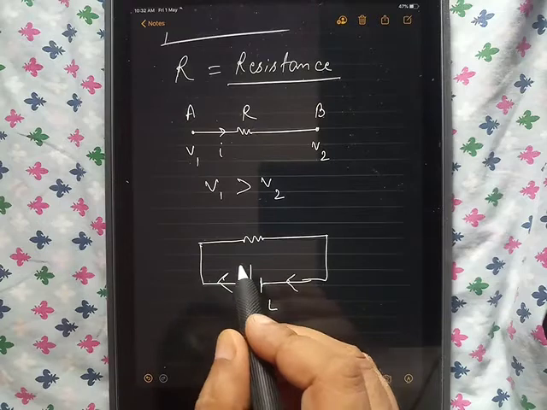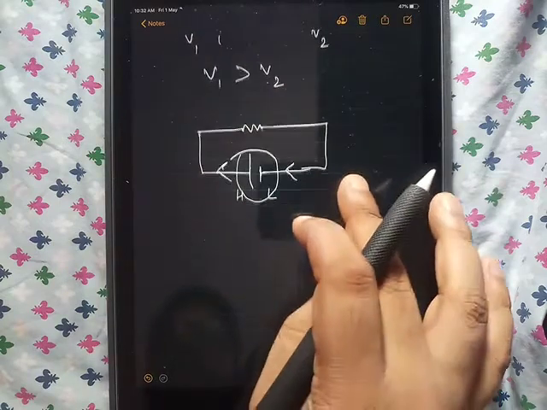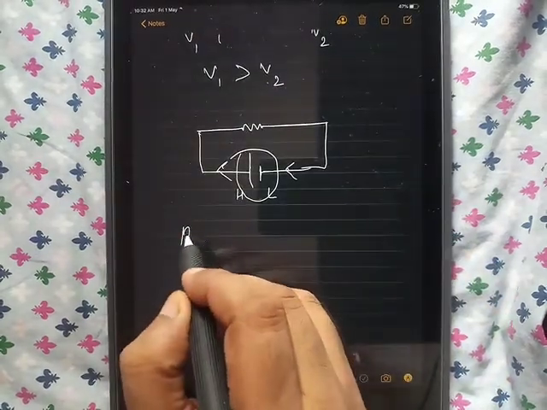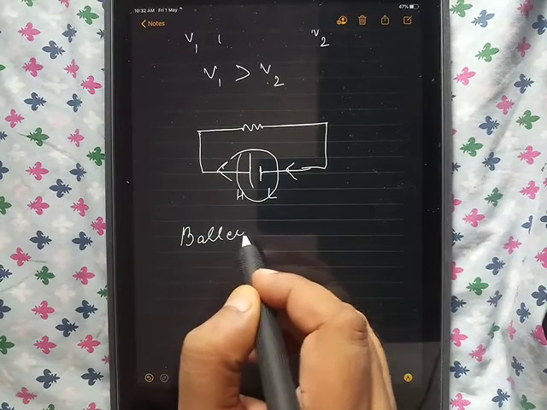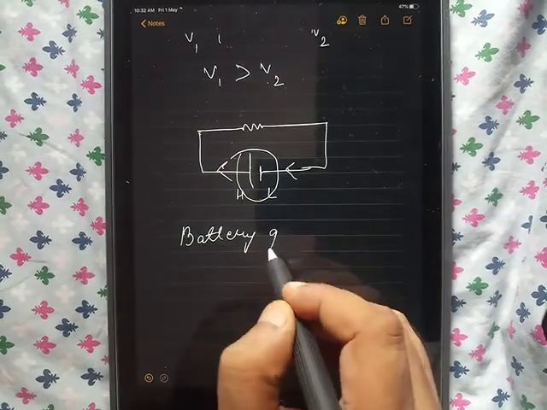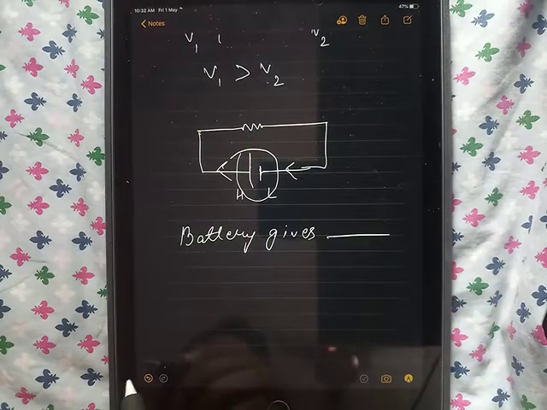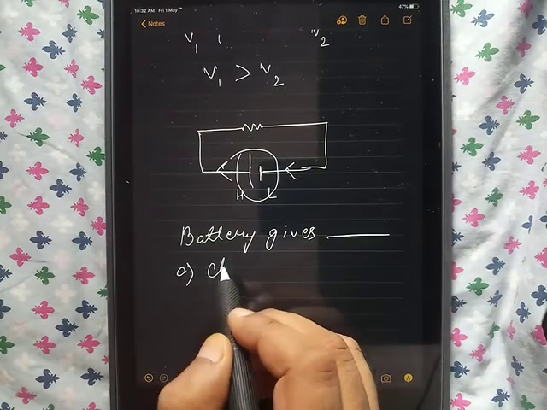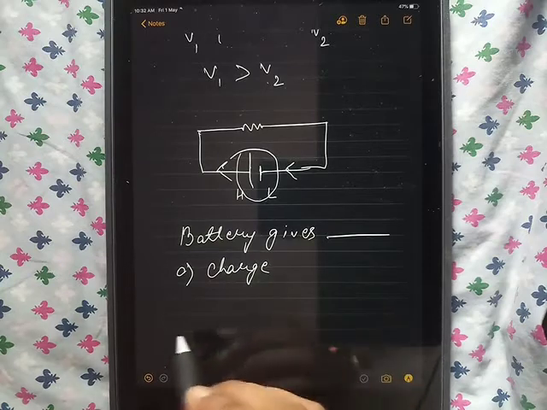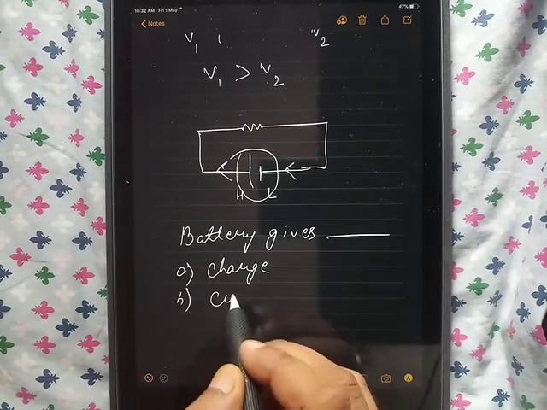It plays a very important role. If I ask what the battery gives: point A, charge. Point B, current.